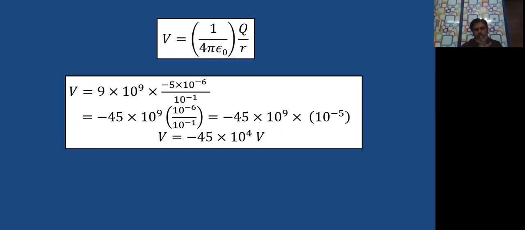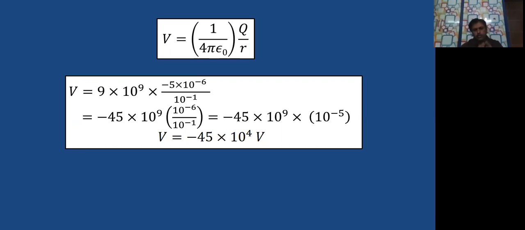But in potential, you can get a final answer negative also. So don't think that you are doing wrong if you got a negative answer. Potential can be negative also, depending on the given charge value. If it is a positive charge, you will get positive potential.